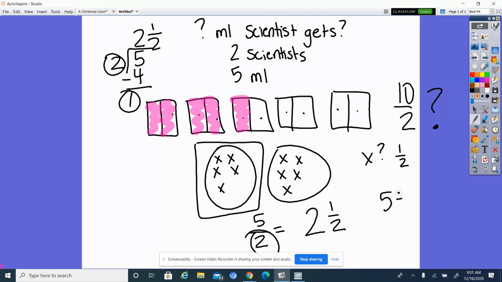How could I represent that as a fraction? 5 halves. 5 over 2. Say it. 5 divided by 2. Oh, 5 divided by 2. Do you see that relationship?